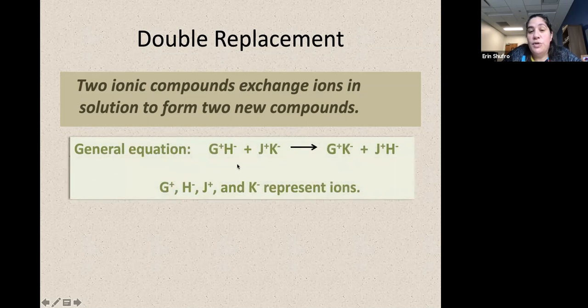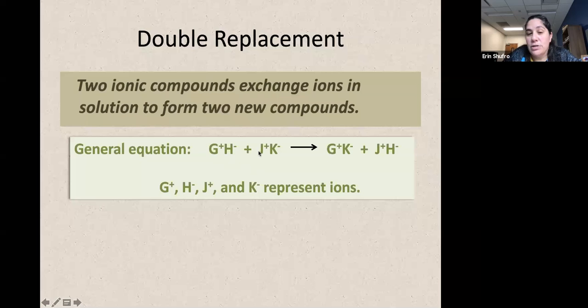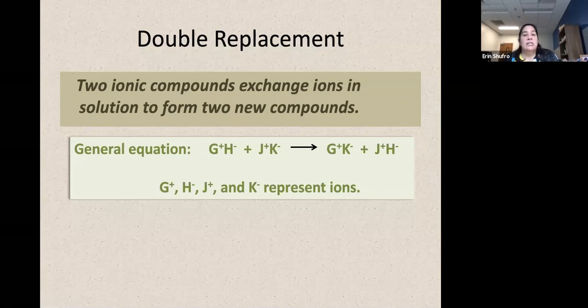So again, we have 2 things swapping spots, right? G was partnered with H and J was partnered with K. At the end, G and K are now partners and H and J are now partners. G was partnered with H, but they decided they didn't want to be partnered with H anymore. So G and K came together and H and J came together.